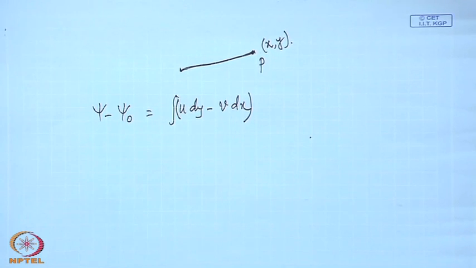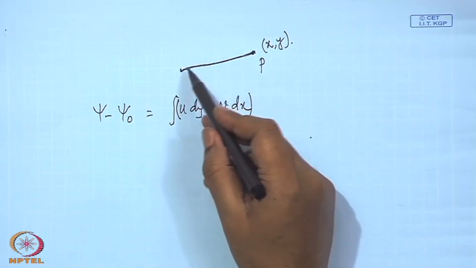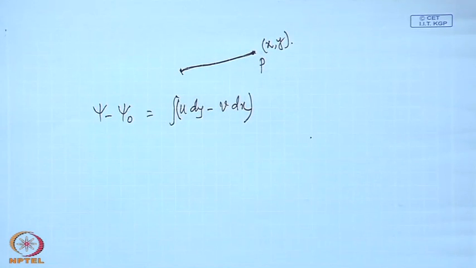Imagine a surface of unit depth, or imagine that this line OP is translated by a unit distance in the third direction, the z direction. It will make a surface.